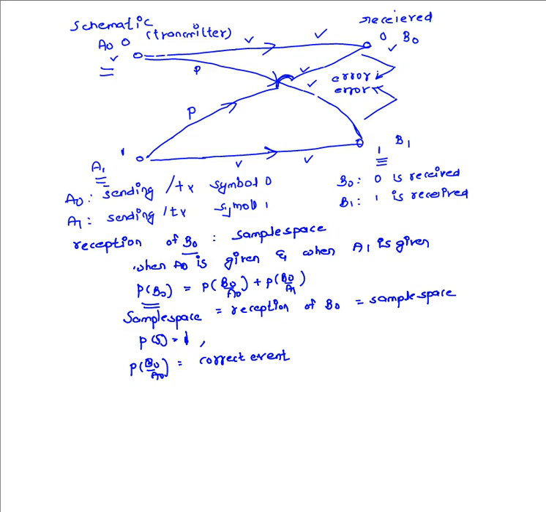The reception of 0 when 0 is transmitted is given by P of B0 given A0, and this probability we have to obtain. We also know the probability P of B0 given A1, that means the probability of receiving a 0 when 1 is transmitted, or simply the probability of error.